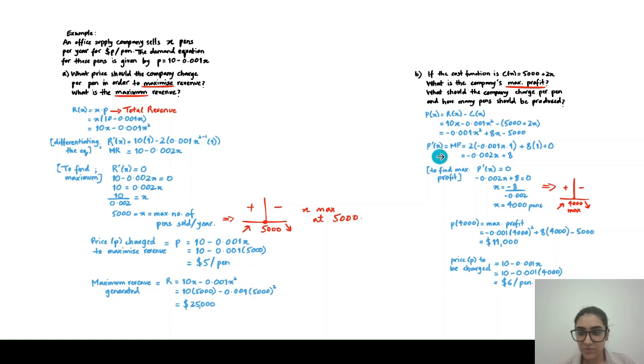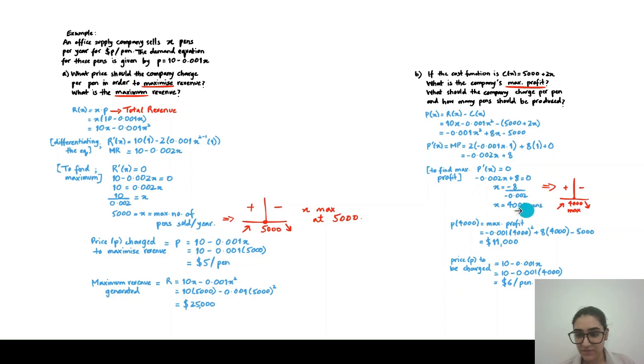Now differentiating the profit equation gives us the marginal profit, which is minus 0.02x plus 8. As implied before, to find the maximum profit, we equate it to 0 and we get 4,000 pens. Now, this is different from what we found before, which was 5,000 maximum pens sold per year.